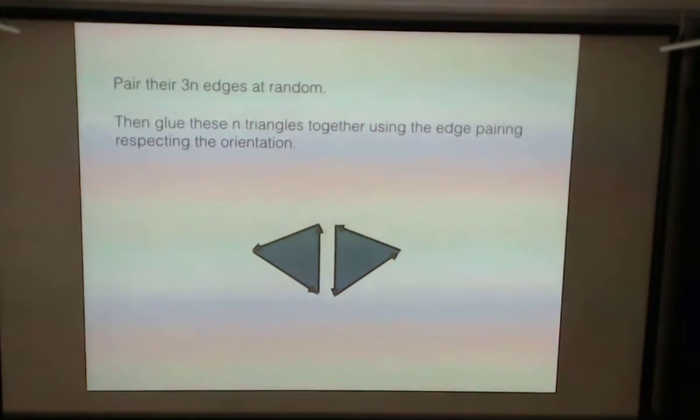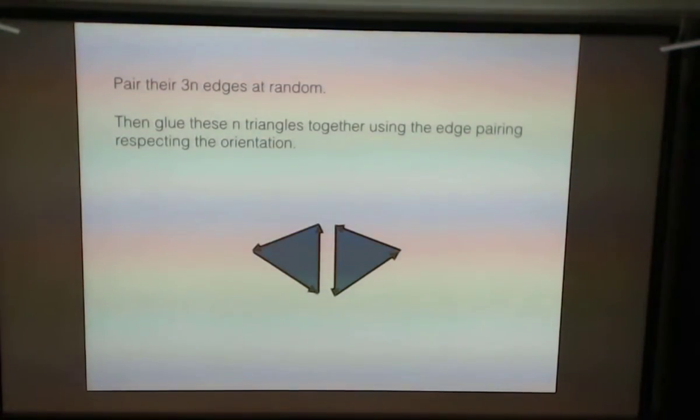Once this gluing is done on all edges, we obtain a closed orientable surface. And this surface will be random, and this randomness comes in because we have a random choice of pairing. The way we pair the sides is random.